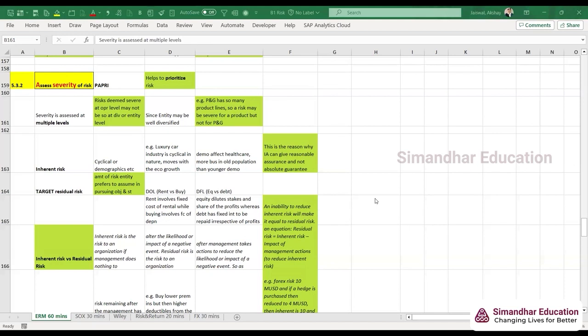Let's say a country like Japan, where the population is old, an aging population. There, if I have a medicine shop or a medicine factory, then our inherent risk will be lower because the demand will keep on increasing. On the opposite side, if we have something youth oriented in Japan, then it will have an inherent risk of lower sales.